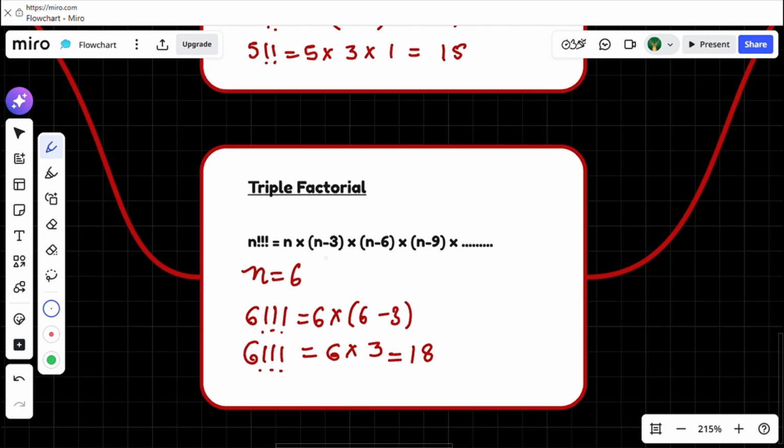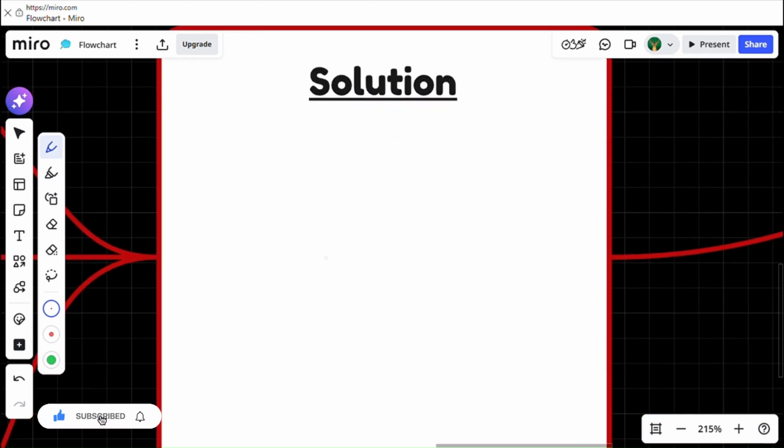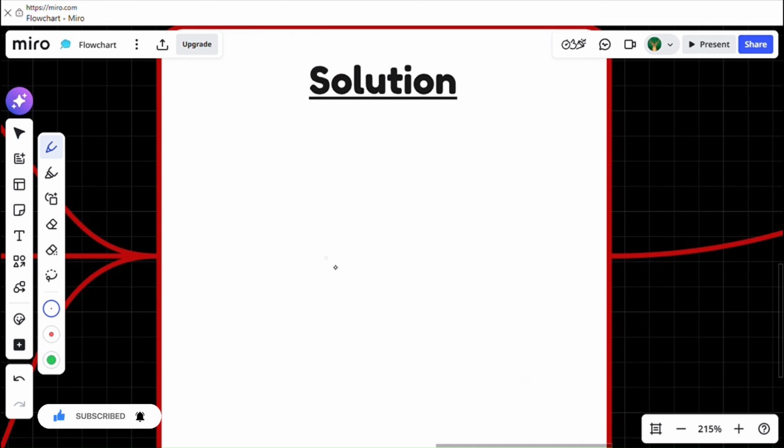Then we can solve the question. So the question says 6 triple factorial plus 5 double factorial plus 4 single factorial.